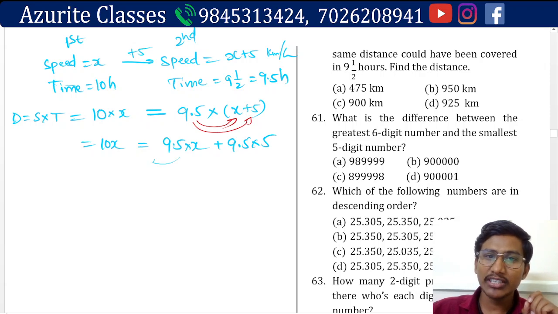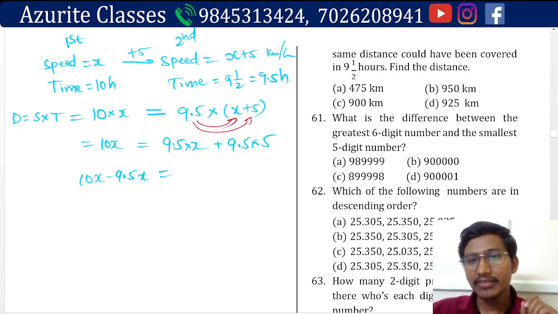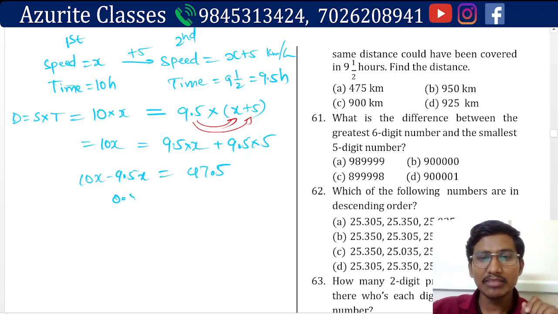If you take 9.5x to this side, it will be minus. So 10x minus 9.5x is equal to 9.5 times 5, which is 47.5. If you subtract 9.5 from 10, 0.5 remains, that is 0.5x equals 47.5. If you take 0.5 to that side, it will divide.